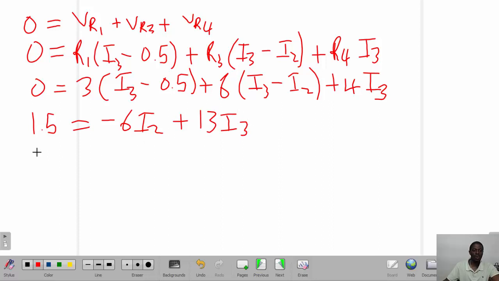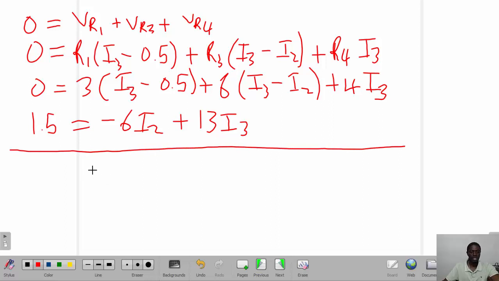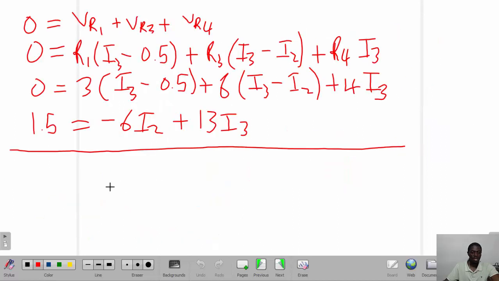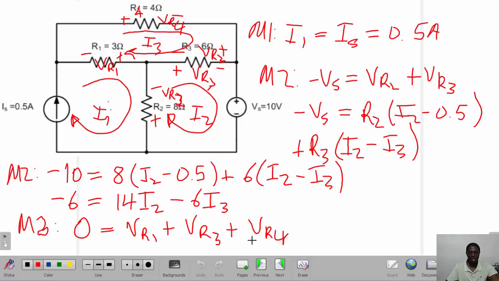So the two equations that we have are the first one that we solved, which, if you remember, we had minus 6 equal to 14I2 minus 6I3. So this is the first equation, minus 6 should be equal to 14I2 minus 6I3, and that was for mesh 2.